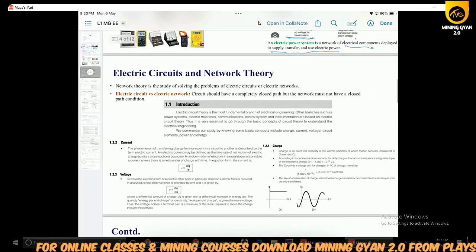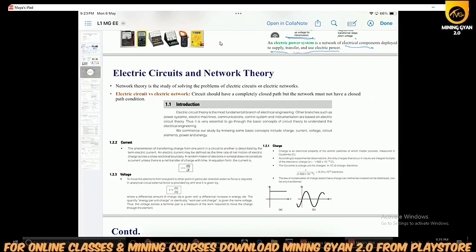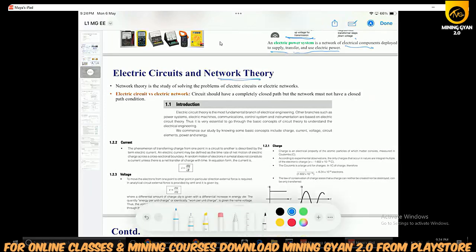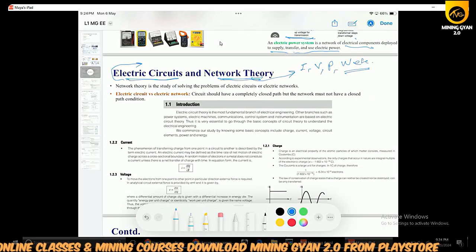After that, electric circuits and network theory. We will understand the basic difference between electric circuit and network theory. Network theory will deal with the techniques of how to calculate current, voltage, power, energy, etc. of a given electric circuit, whereas electric circuit deals with the given real life problems.